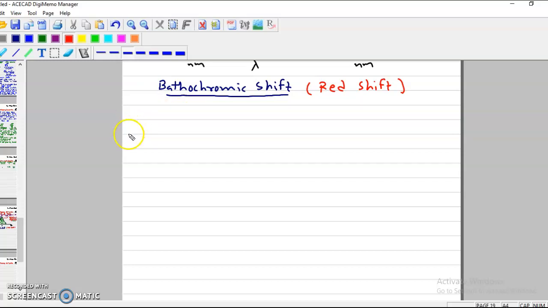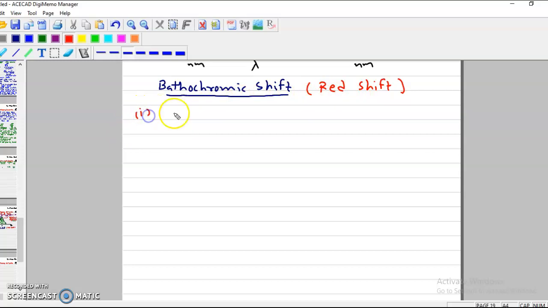And why is it increasing? There are three reasons for that. In the presence of extended conjugated pi bonds, you will find more resonance, and that's why you may see the shift of the lambda maxima towards the right side.